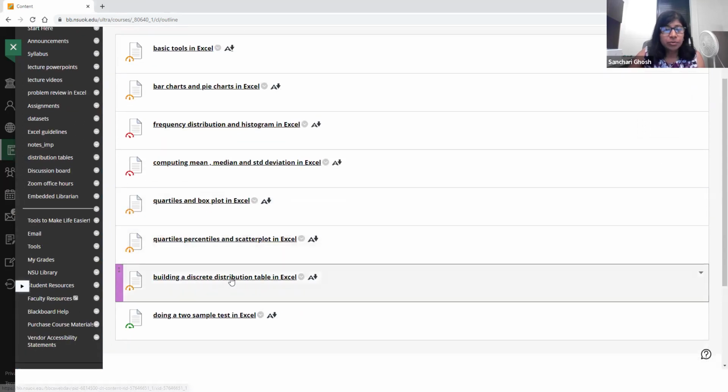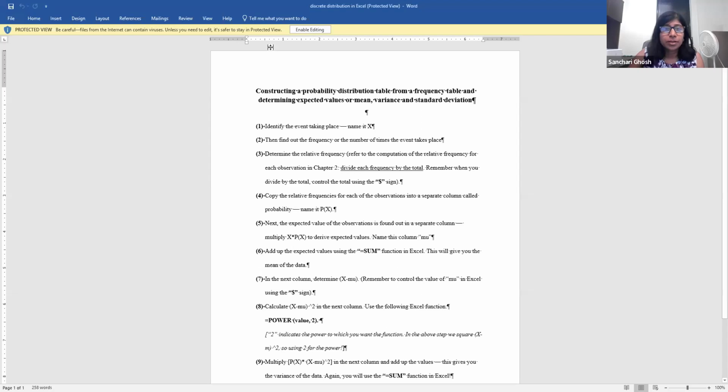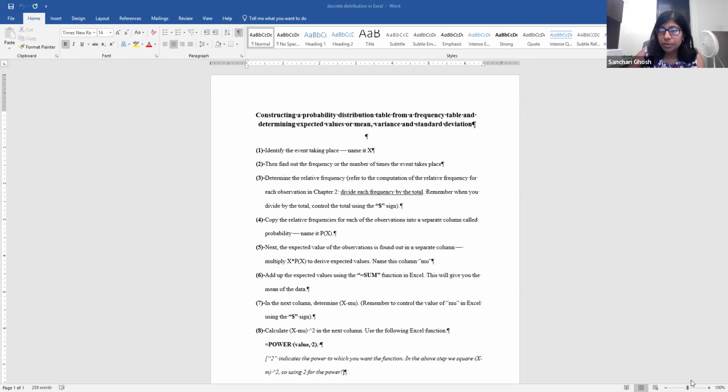This is a discrete distribution in Excel. I've gone over the steps in a Word file. There it is. So these are the steps.